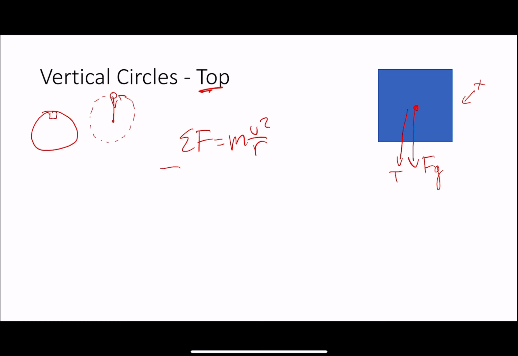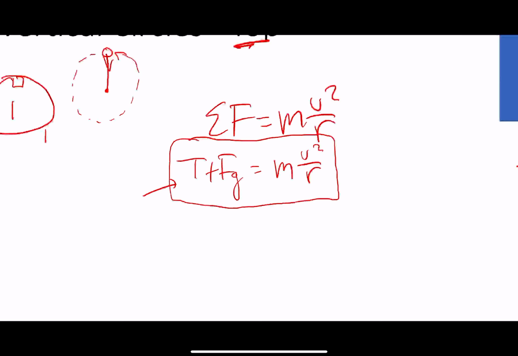So we're doing T plus F_g equals mv squared over r. And in general, this is an equation for any vertical circle at the top of our motion. However, of course, we may not always have tension as our force. We could have a roller coaster on a loop-de-loop like I have there, in which case we have a normal force acting.